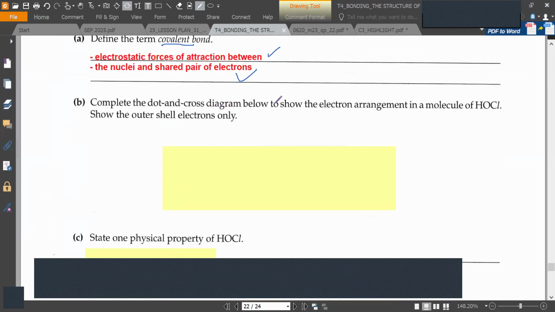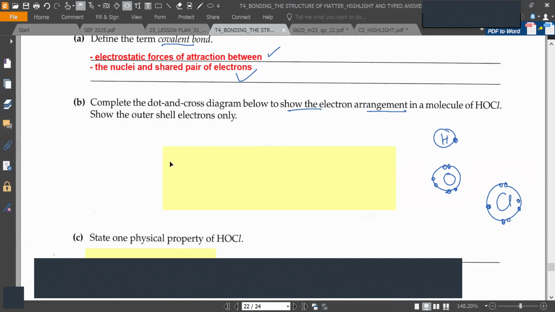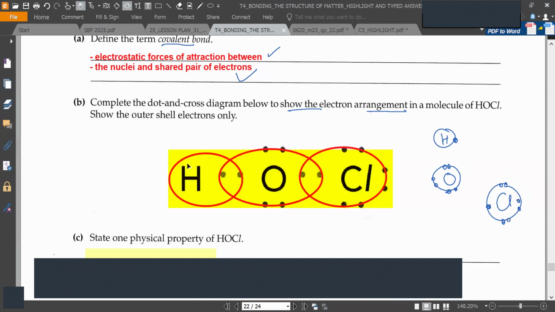Complete the dot and cross diagram below to show electron arrangement. Hydrogen is 1, oxygen is 6, chlorine is 7. So how do we arrange it to make it work?